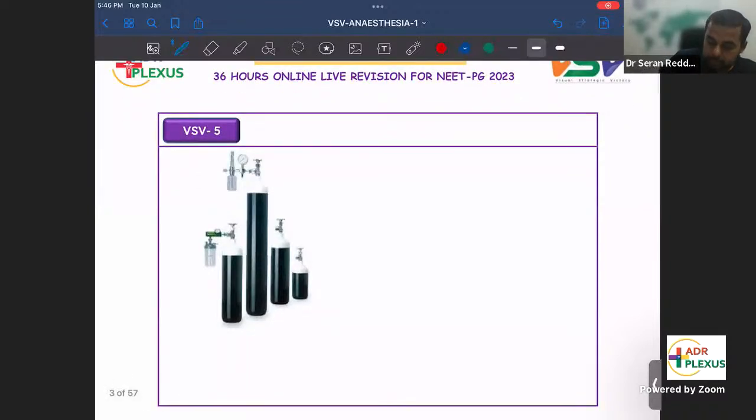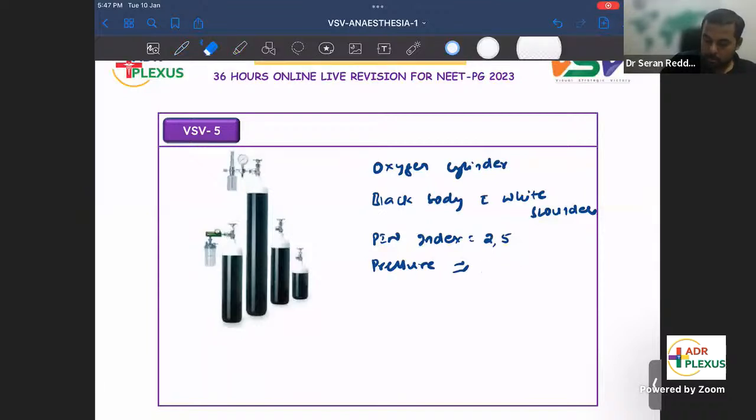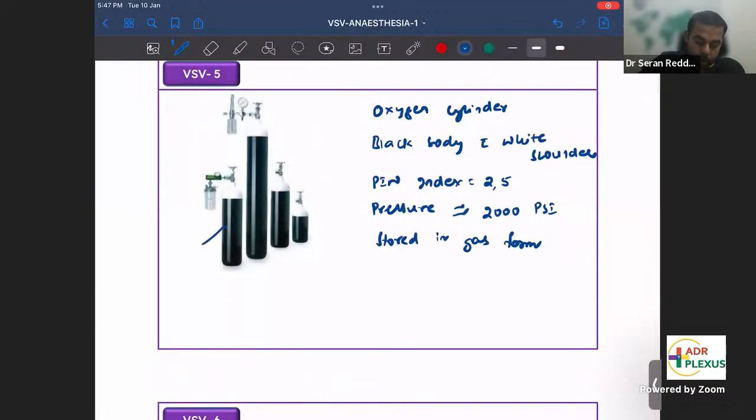It has a black body with a white shoulder, pin index of 2.5, pressure approximately around 2000 psi, stored in gaseous form.